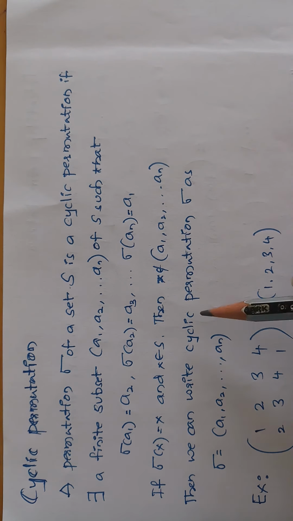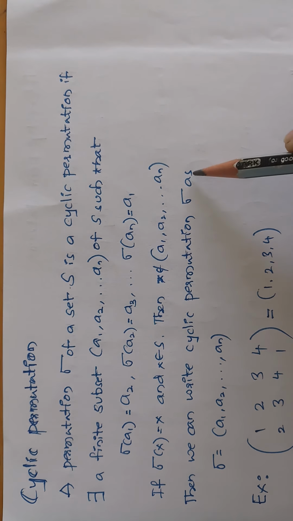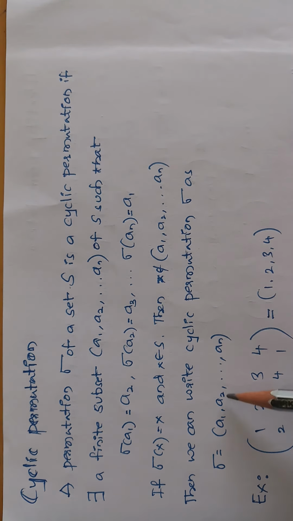Then we can write the cyclic permutation gamma as gamma = (a1 a2 ... an).